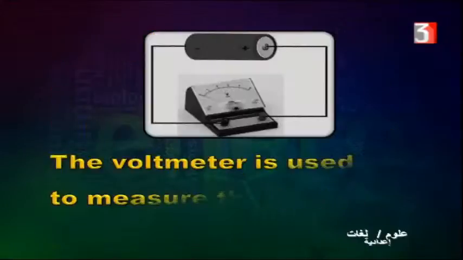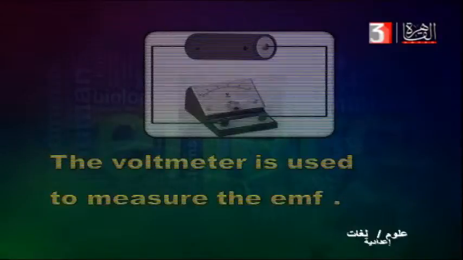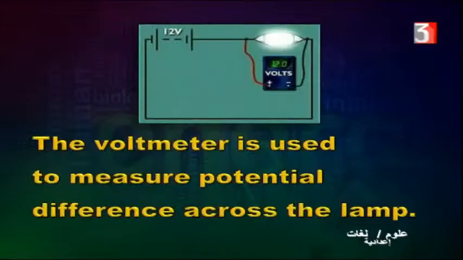So here, the voltmeter is used to measure also EMF, the electromotive force of the battery. The voltmeter is used to measure potential difference across the lamp.